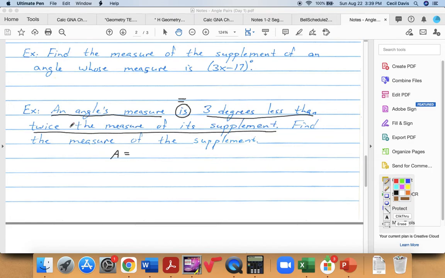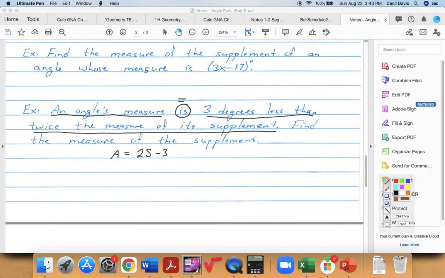From what? Twice the measure of the supplement. So I need to multiply 2 times the supplement. Let's call the supplement S for right now. So this would be a simple way of rewriting this.